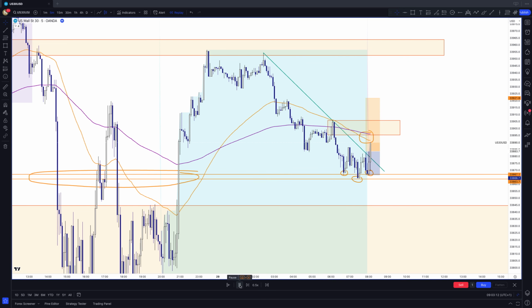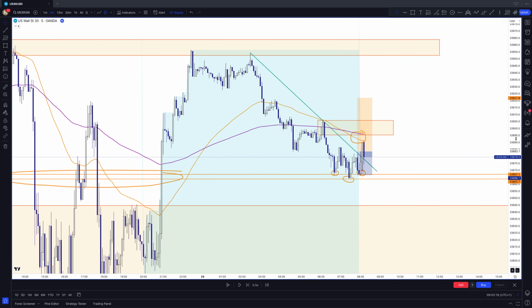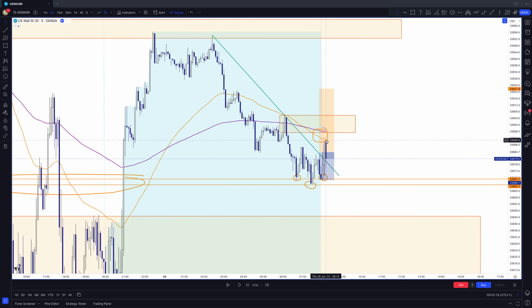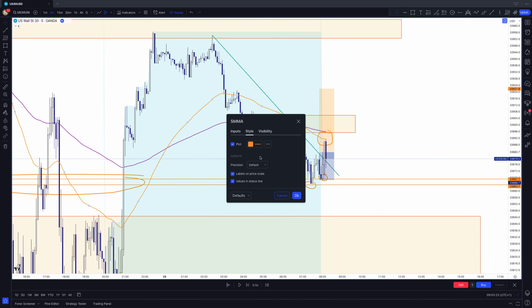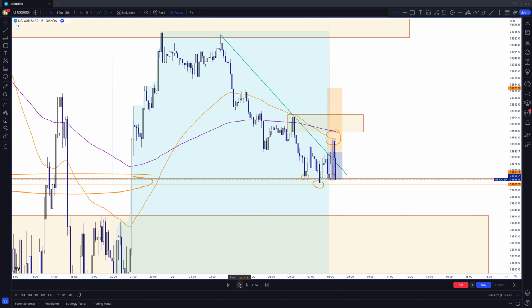Price pushed and came back, unfortunately getting rejected beautifully from the short-term moving average. I used the 35 SMMA and it got rejected beautifully, came back, got a bit rejected by the trend line, and then boom, got stopped out.